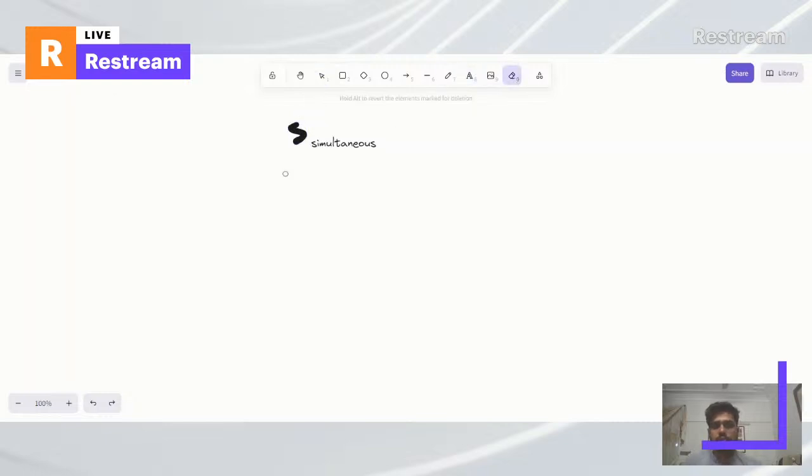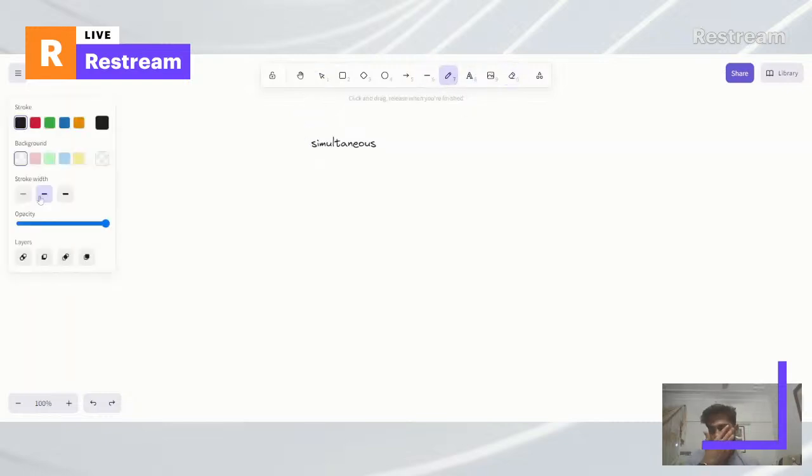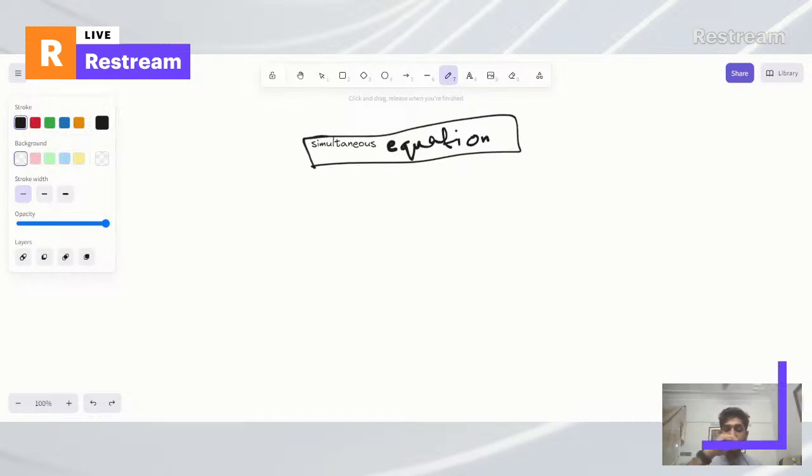Great. So this is what we did last time, simultaneous equations, and I taught you that there are three ways in which we're gonna solve a simultaneous equation. Can any one of you remind me what are those three ways? Does anyone remember? I gave you guys a task as well. I gave you guys three equations to solve.